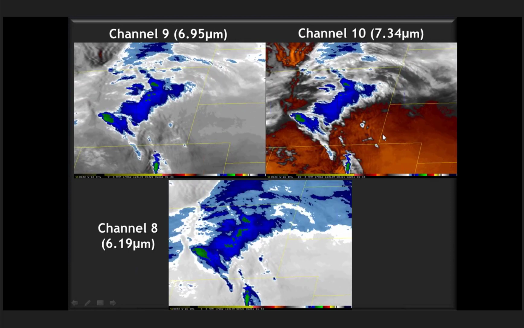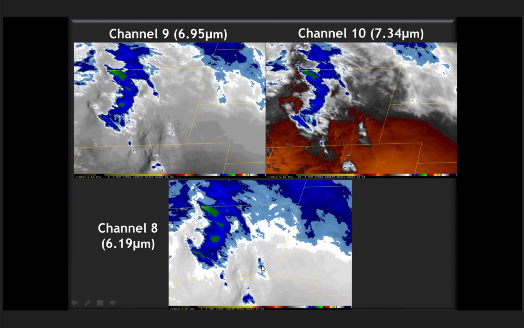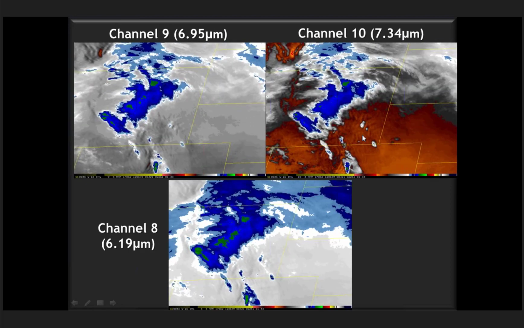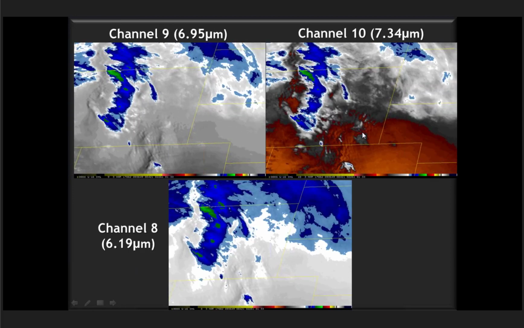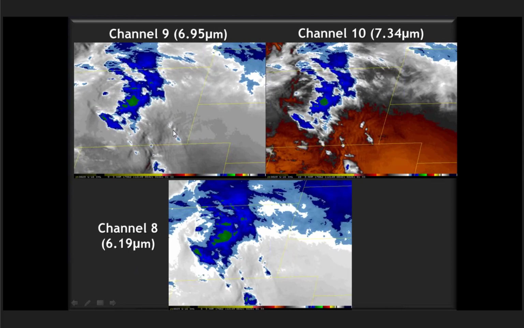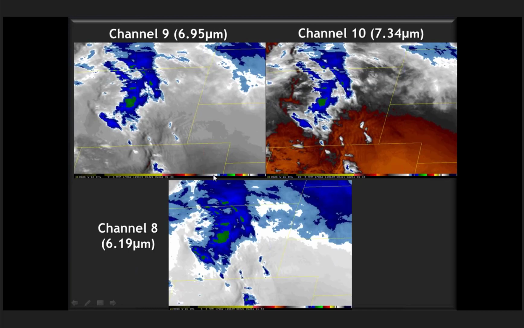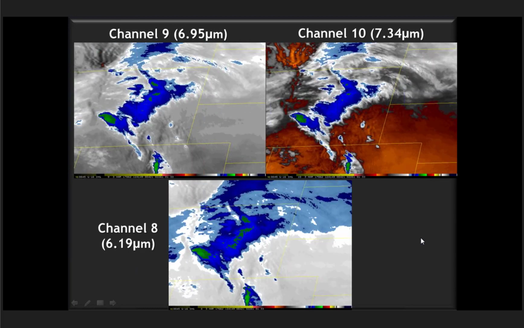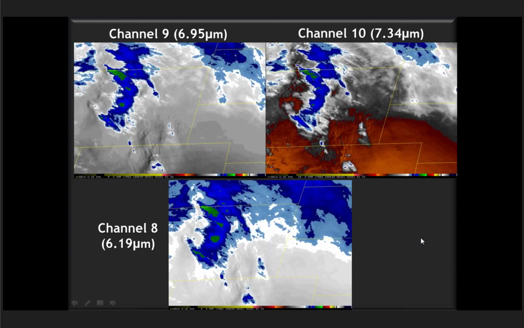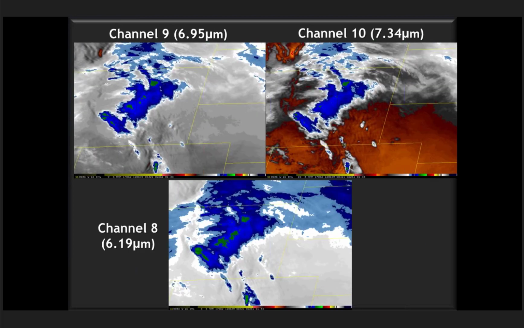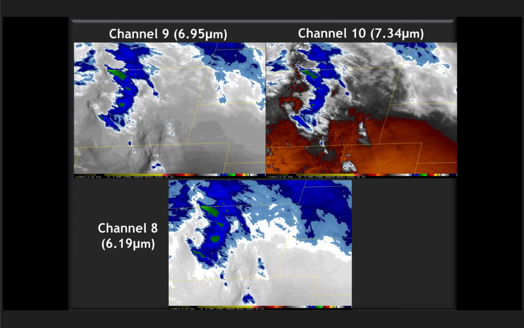You can definitely see the wave on both channels. However, they're just not as defined. You can't see quite the movement of the ridge and the trough of the wave as well as you can in the mid-level water vapor channel. So I have a similar observation to what Greg was showing with this case.